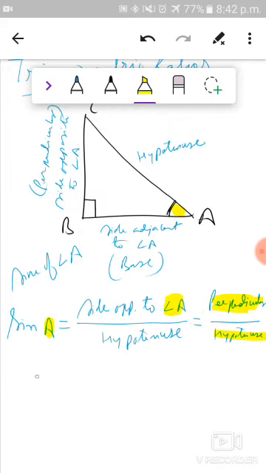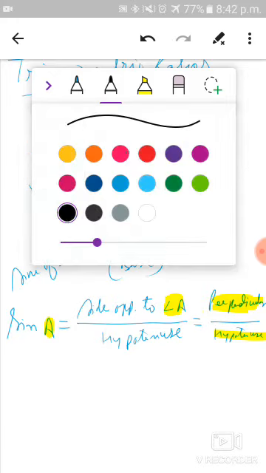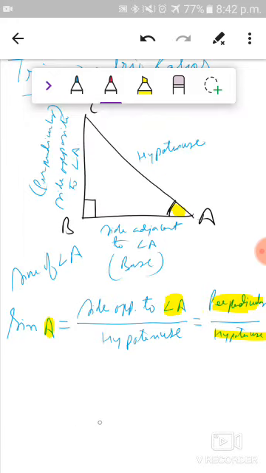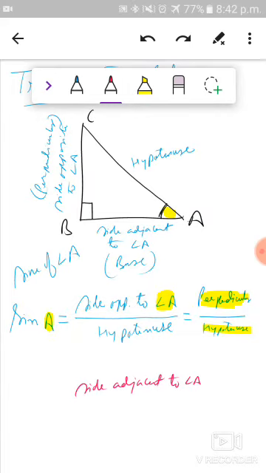Okay, second trigonometric ratio. Suppose I make another ratio of the side adjacent to angle A by hypotenuse.